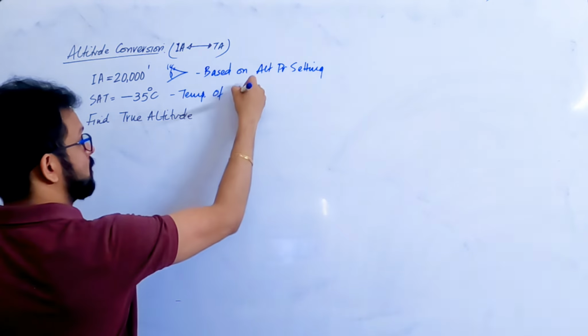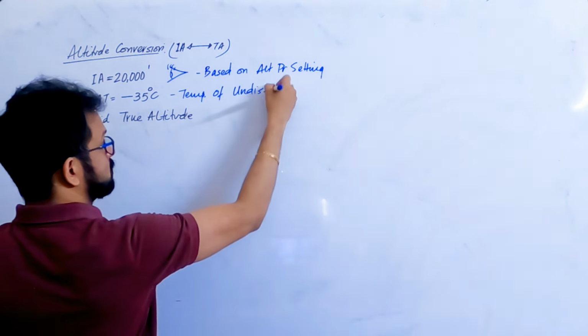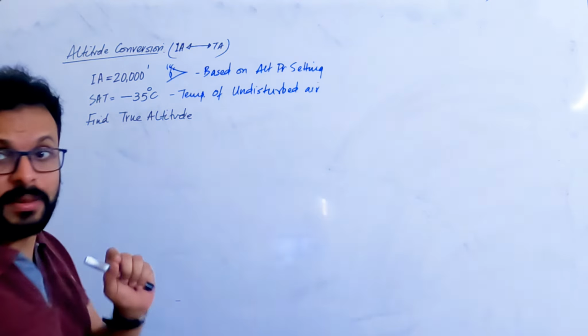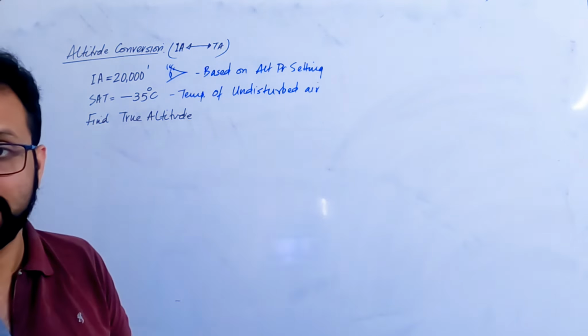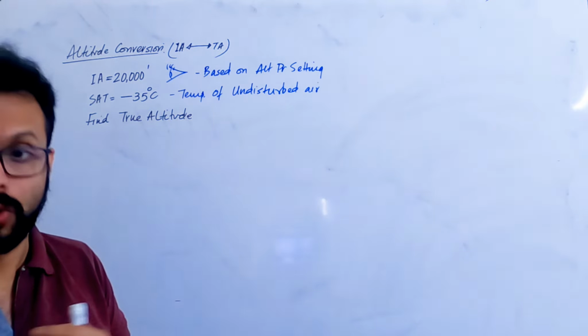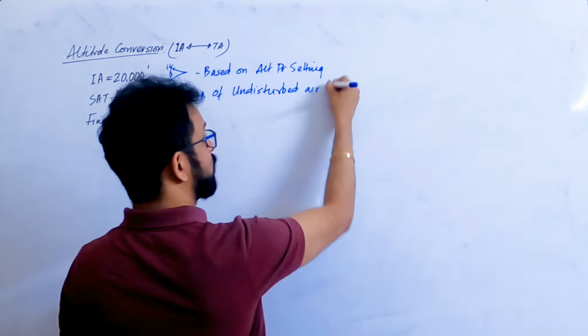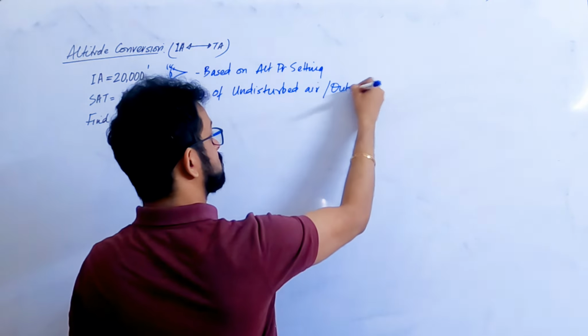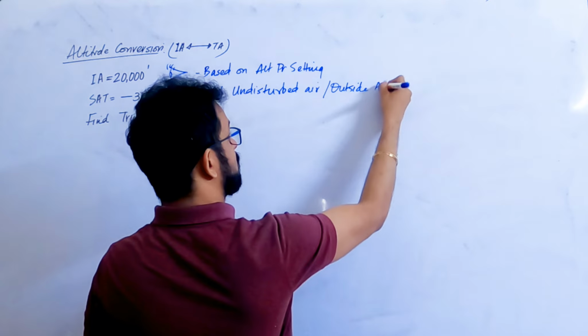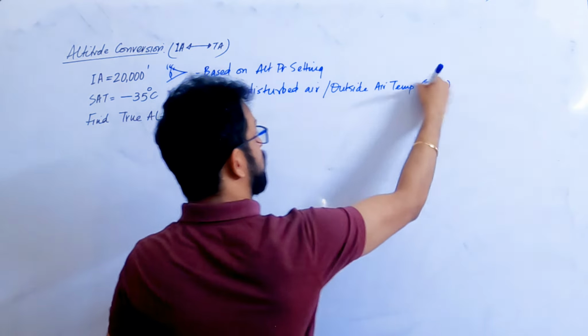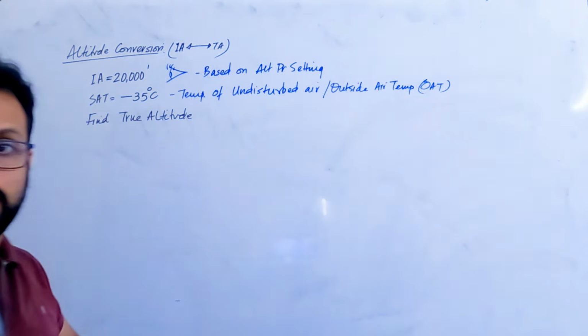We will talk about this in air temperature measurement, which is part of your instrument navigation again. We will talk about ram air temperature, total air temperature, static air temperature. The other term for static air temperature is outside air temperature. It's commonly called OAT, outside air temperature, right?